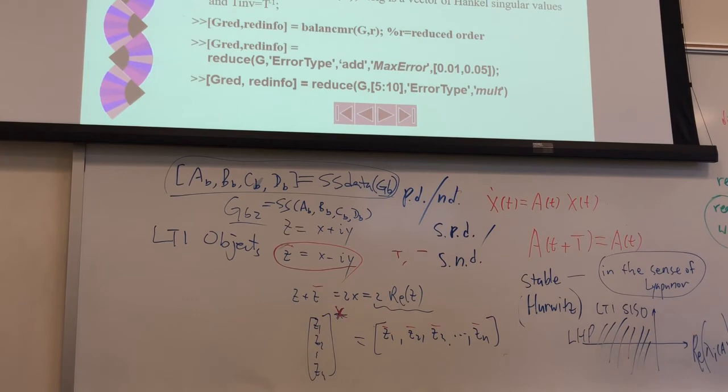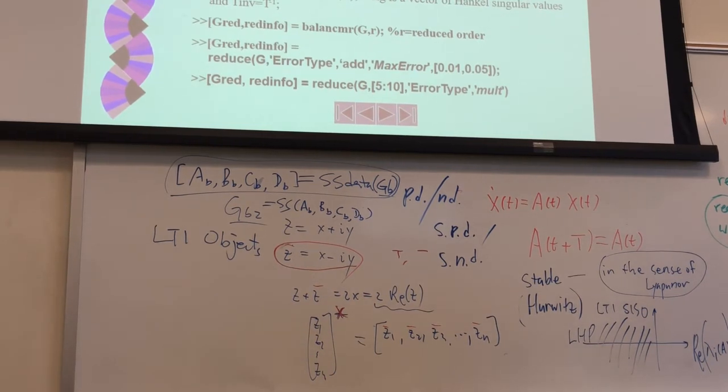So sigma 1 to sigma R are big enough, and I want to keep them. I want to kill the bottom ones because they are so close to 0. They're very small, an order of magnitude difference compared to the large ones. In other words, the in and out coupling of these states is less important compared to other states.